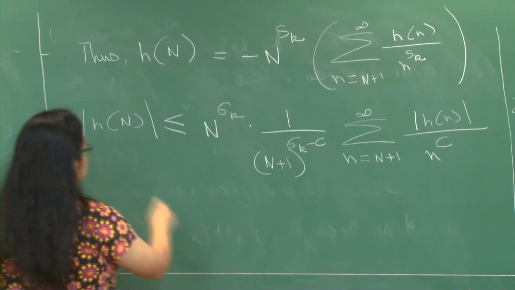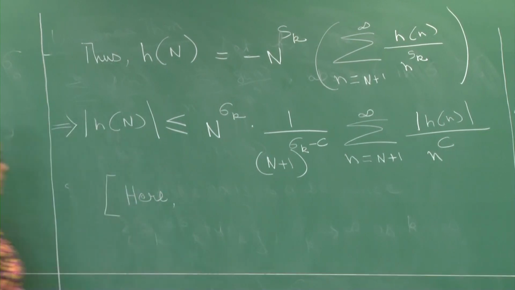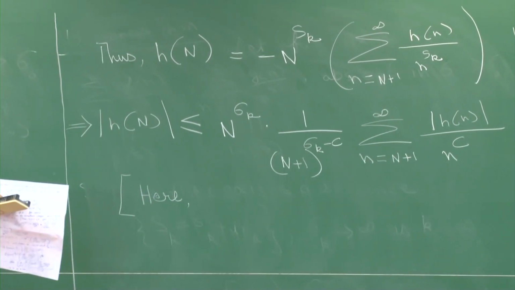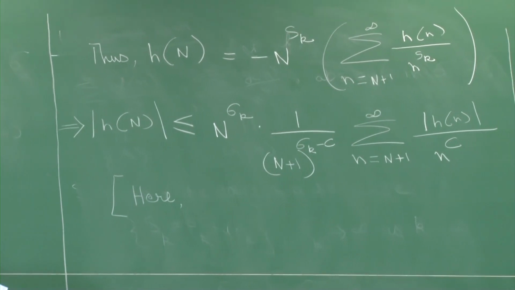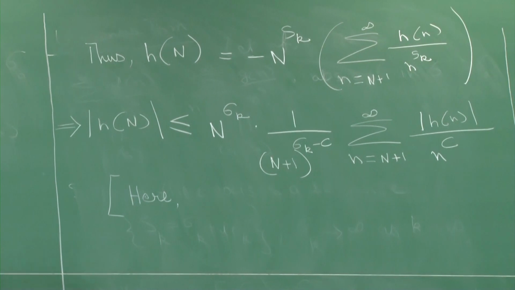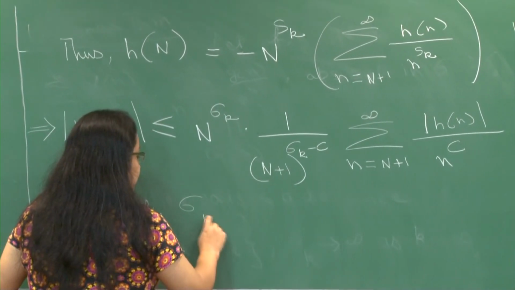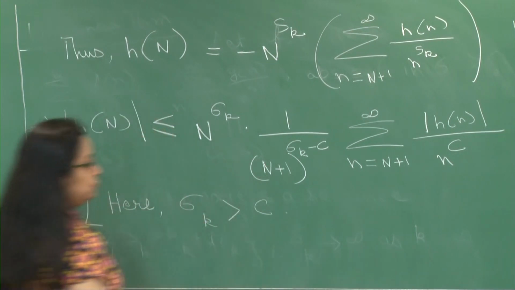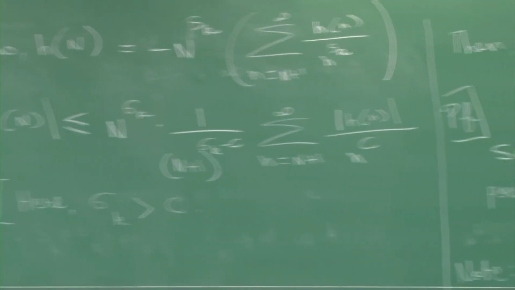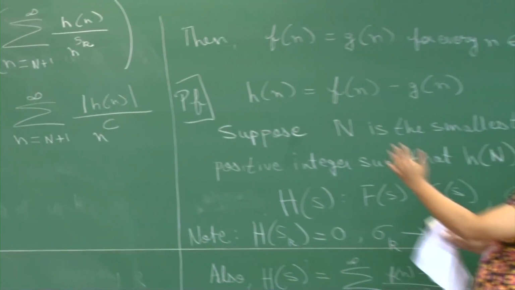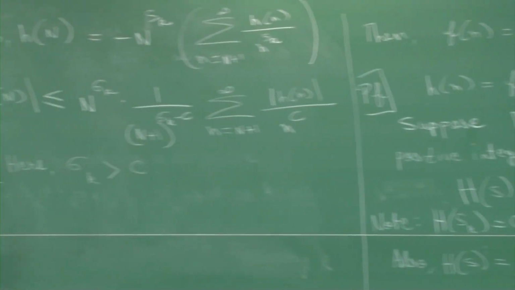Here, what are we assuming? Since we are taking a sequence sigma k going to infinity, for any c there will be some k such that sigma k becomes greater than c. So, except for possibly at most finitely many terms in the sequence, all the terms have real part greater than c, and that is the part that we are going to be considering.